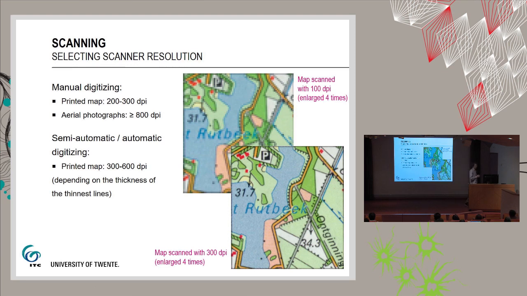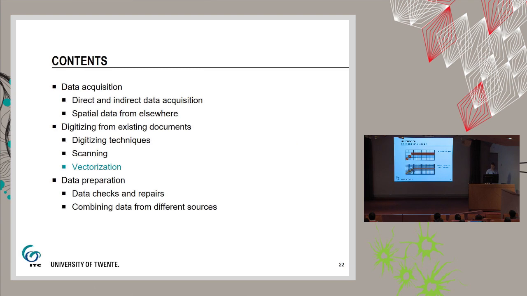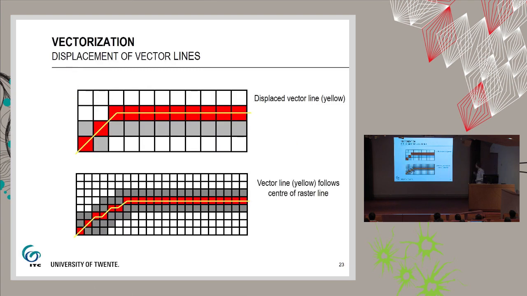I show you that in the next example, where you have the lines which are here. Here the computer is doing the tracing. And what you see here, one line is only resolved with 2 pixels. And the yellow line is the vector line. So that's the vector line. And what do you notice?